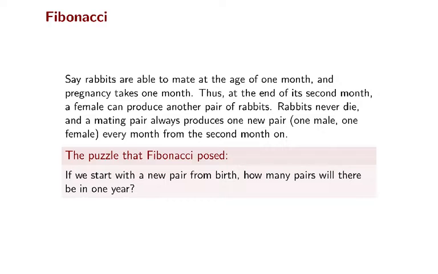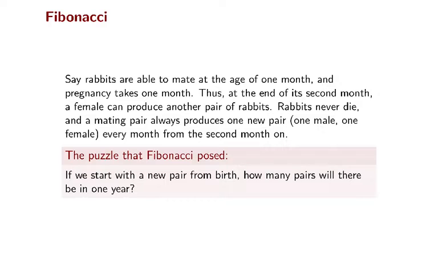Thus, at the end of its 2nd month, a female can produce another pair of rabbits. Let's suppose also the rabbits never die and a mating pair always produces exactly 1 new pair, 1 male and 1 female, every month from the 2nd month on. With these rules in mind, the question is, if we start with a new pair from birth, how many pairs will there be in 1 year?